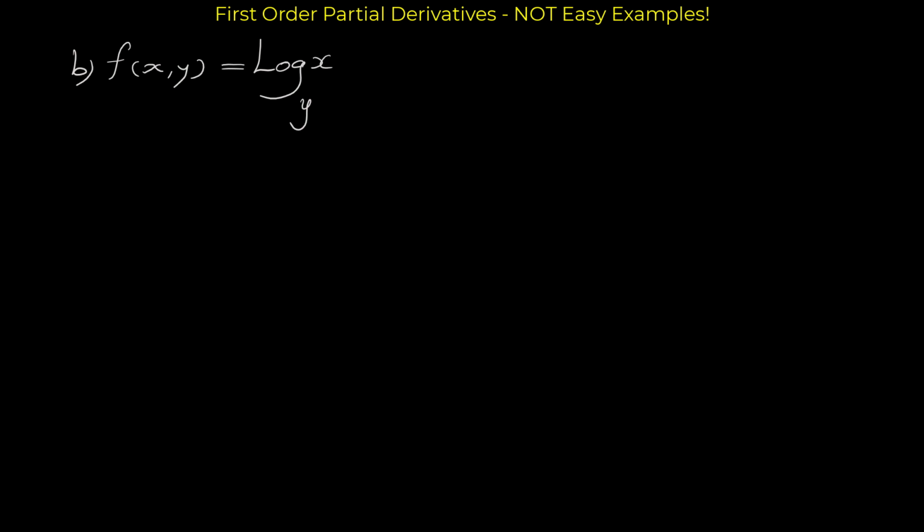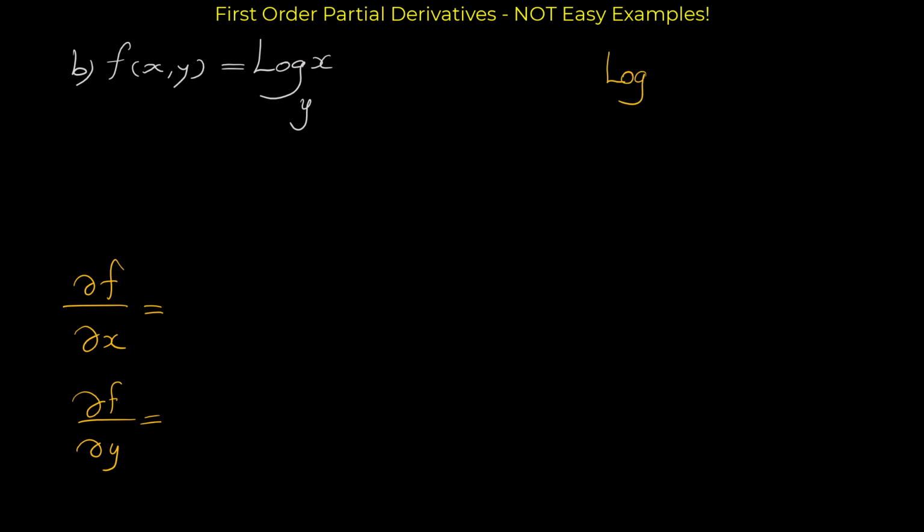Look at this function. The function f is given as log x in the base y, and we want to find the partial derivative of this function with respect to x and with respect to y. Let me remind you of the formula for the logarithmic function.